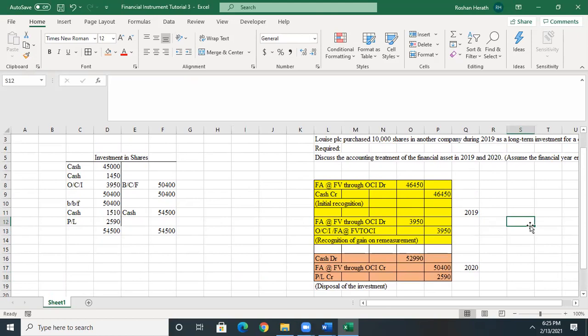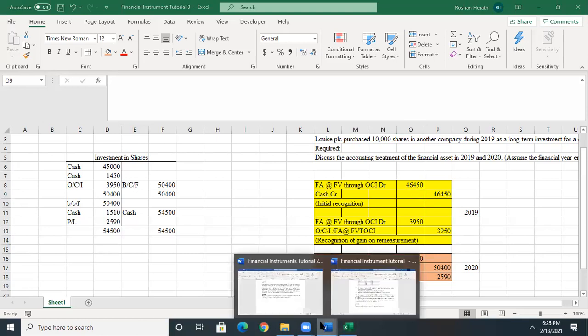Therefore, whether you manage it through ledger accounts or journal entries may not matter the most, but the presentation. So if you are capable of presenting them in the statement of profit or loss and other comprehensive income, as well as the statement of financial position, that's it. Okay, so this was the question I wanted to discuss from the second tutorial.